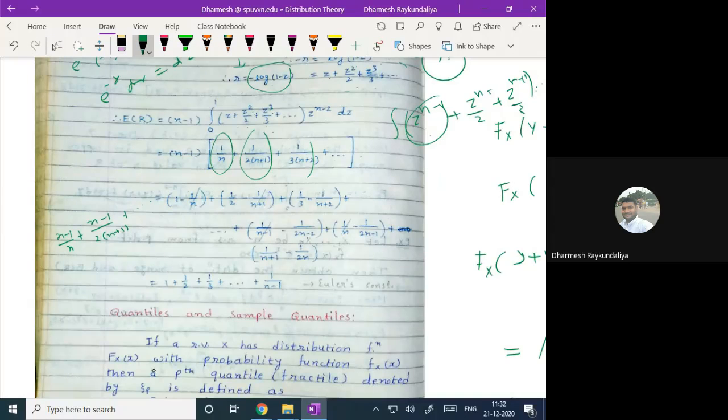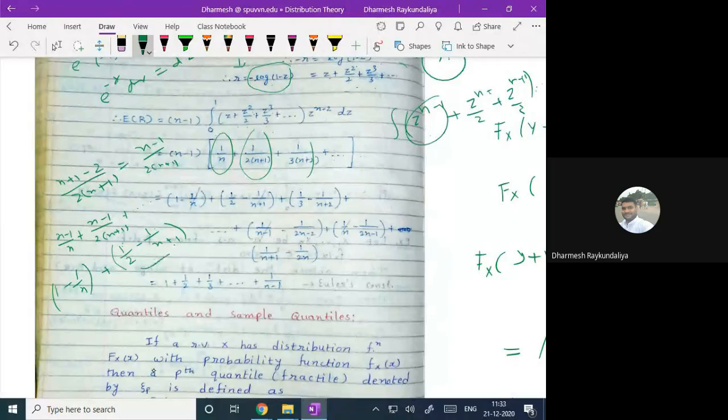If you divide this, it is 1 minus 1 by n plus, here, if you write it as 1 by 2 minus 1 upon n plus 1. Now this n plus 1 goes here, and this 2 goes there, so we get n plus 1 minus 2 upon 2n plus 1, which is n minus 1 upon 2n plus 1. So this is the quantity n minus 1 upon 2n plus 1.